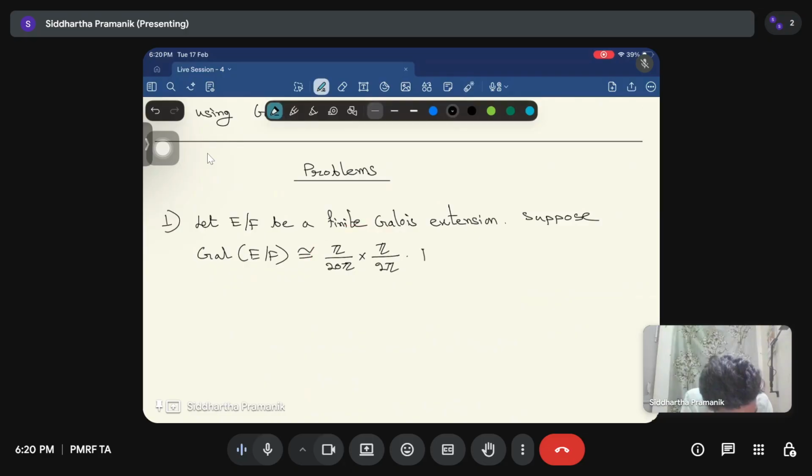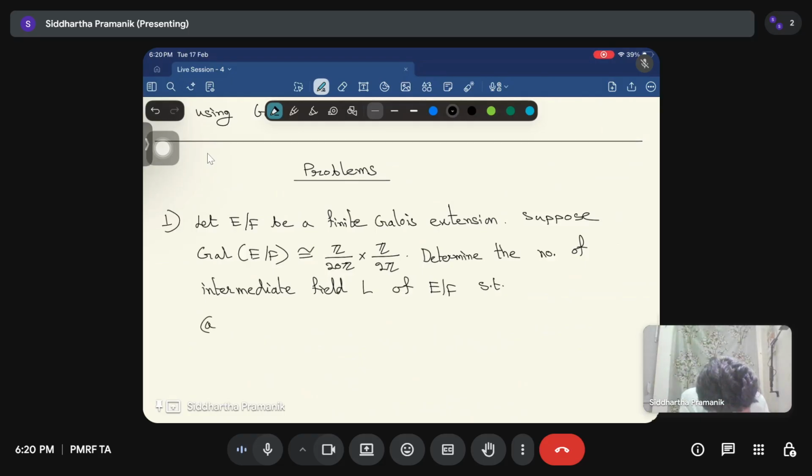Now determine the number of intermediate fields L of this extension E over F such that the following conditions hold.